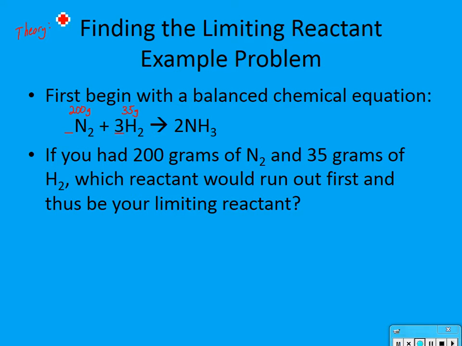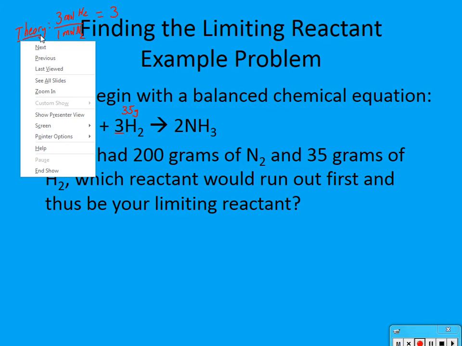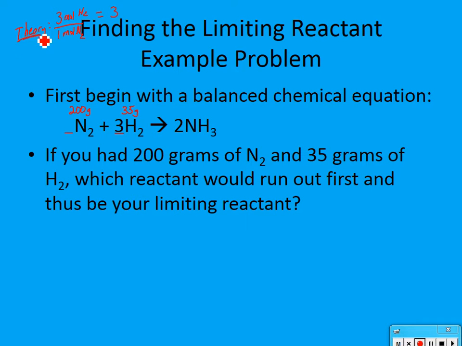So in theory, there should be 3 moles of H2 for every 1 mole of N2. So there should be a mole ratio of 3. That's in theory, because that's what this balanced chemical equation is telling us, right? You with me to there?